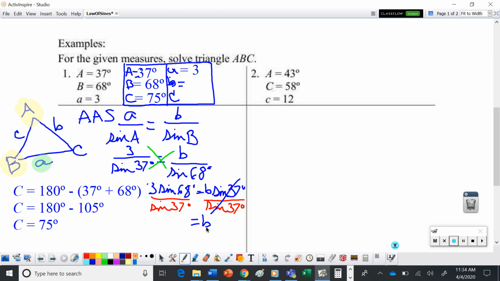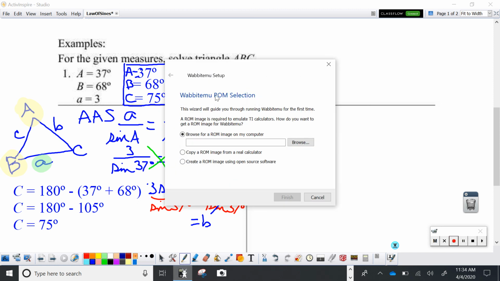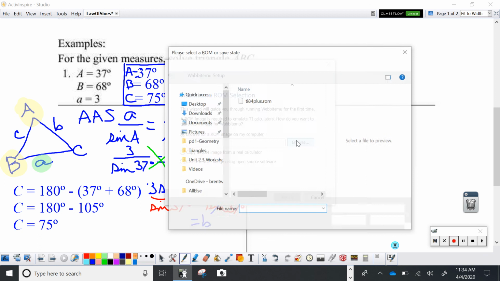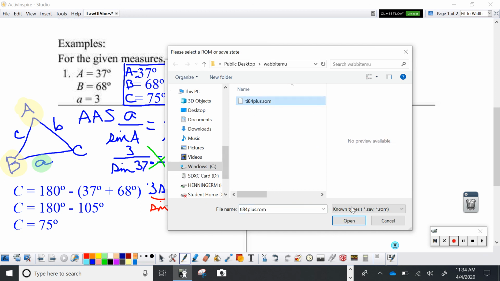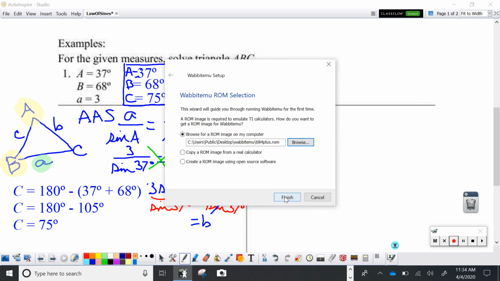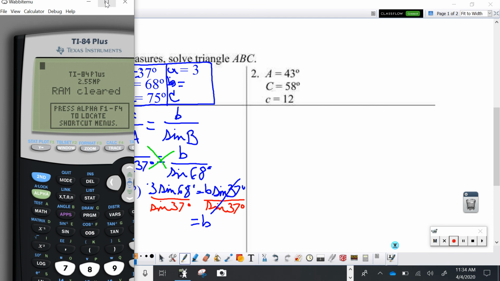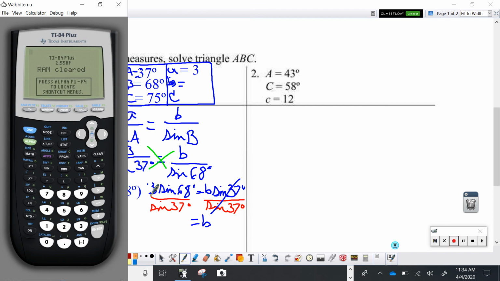Over here, well, now we need to use a calculator. So I will open my calculator app. I need to take 3 times the sine of 68 degrees.